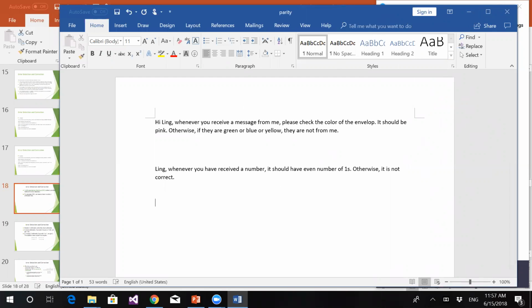And the example in our everyday life of this CRC code is that, hey Lin, whenever you have received a number, it should be able to divide by, for example, 7, and have the remainder of 0.